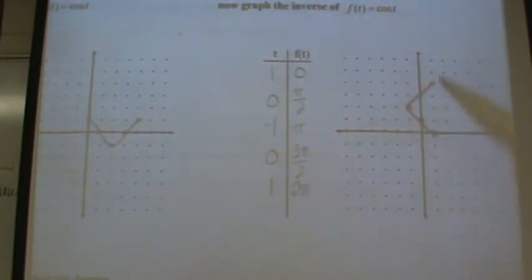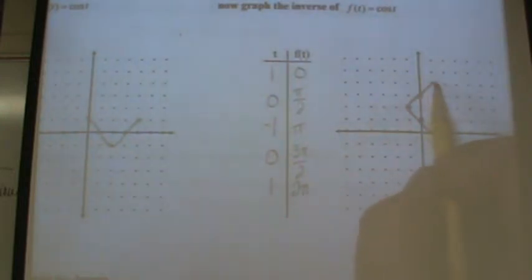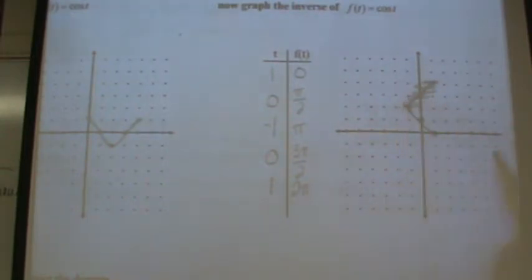Now again, is this an inverse function? No. This isn't an inverse function again because it fails the vertical line test. So again, we're going to restrict our domain like we did with the sine function. For cosine, we're going to get rid of this top section and just look at this bottom part.